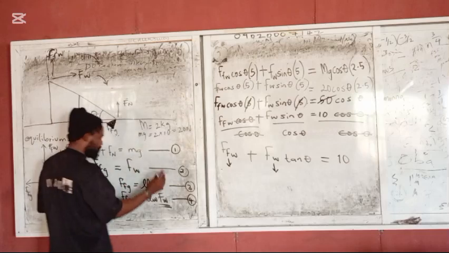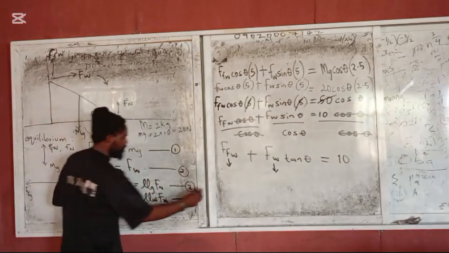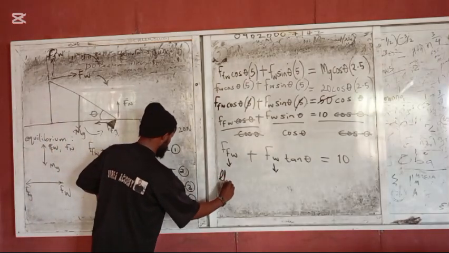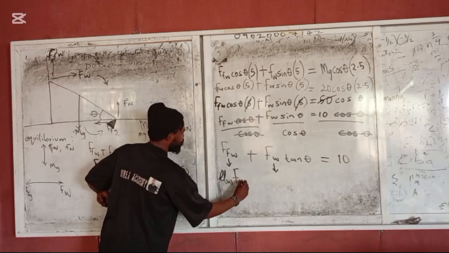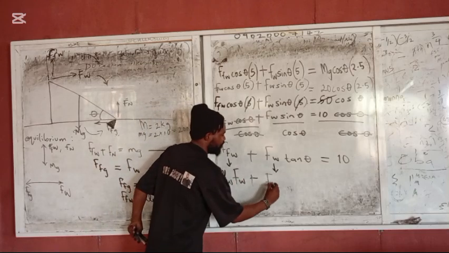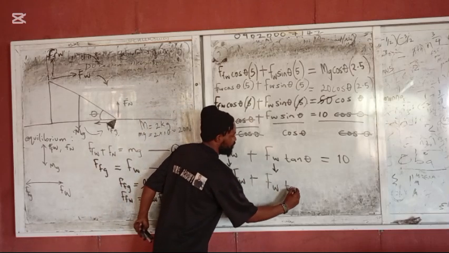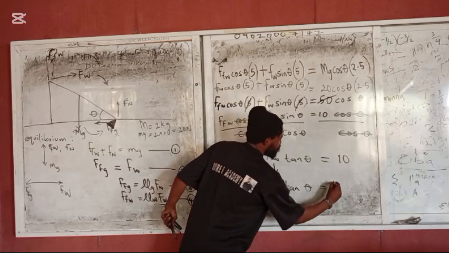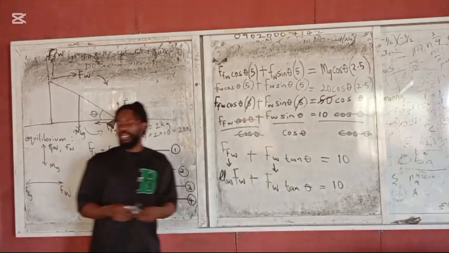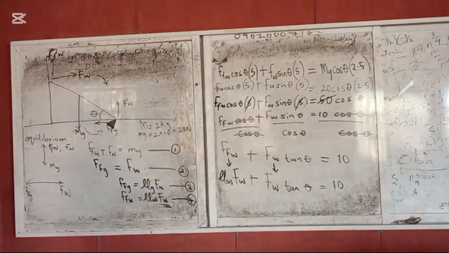So I'm going to just replace this one. This is the one I'm going to carry and replace, so that I now have coefficient of the wall and then FW plus FW and theta equals to 10. What we are doing here is not like magic. We are just using the principles of mathematics. How do I make everything to be the same thing?